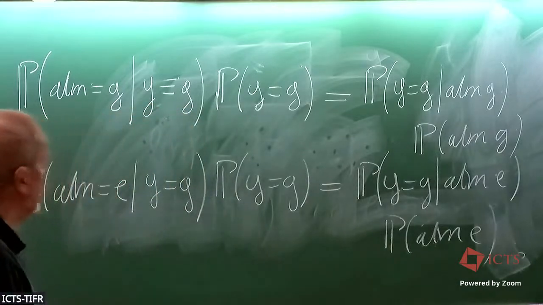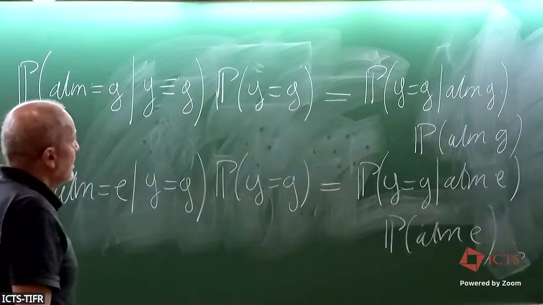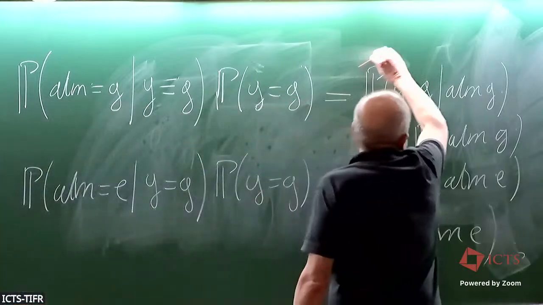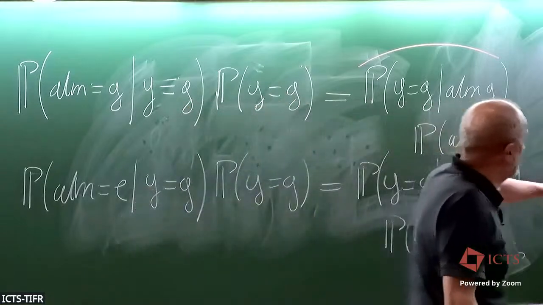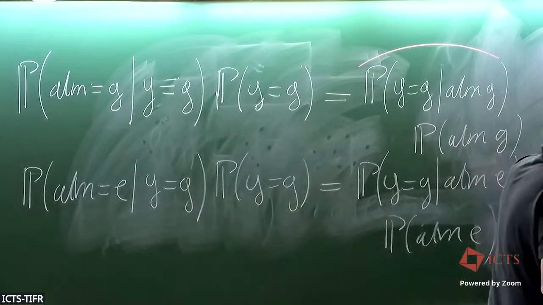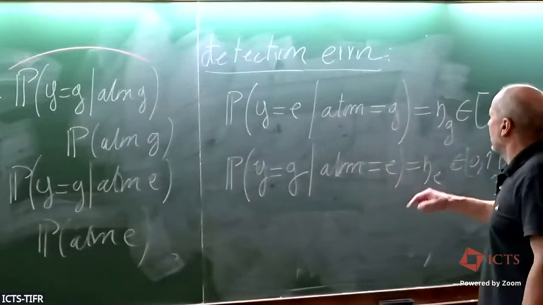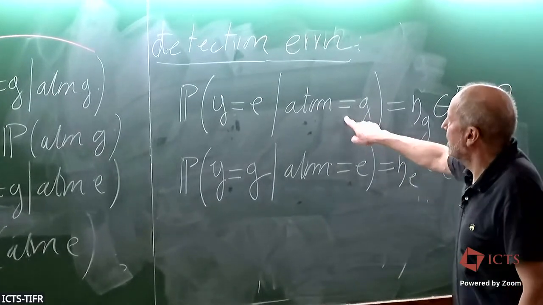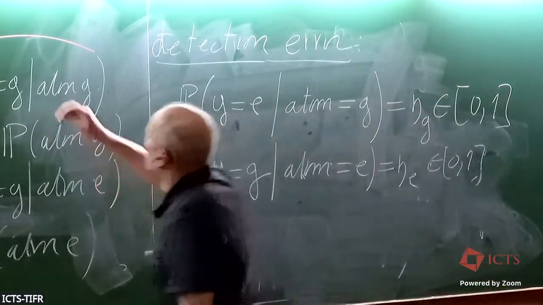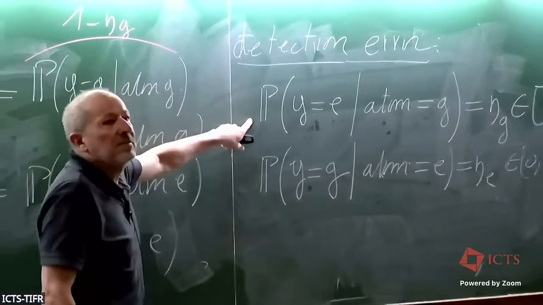And I know something here. If the atom is in E and I condition on Y in G, this guy is 1 minus eta G. You agree? It's the complementary of this guy.